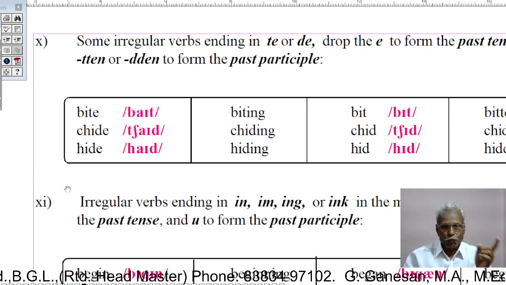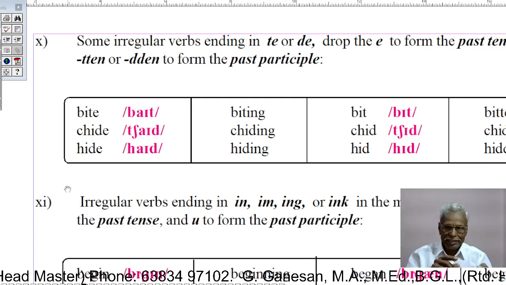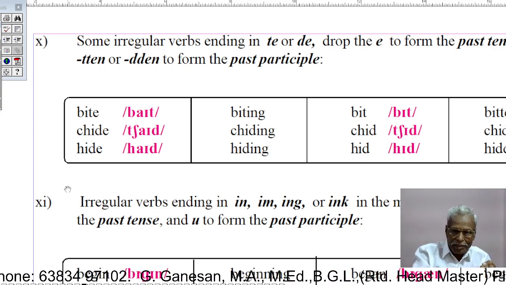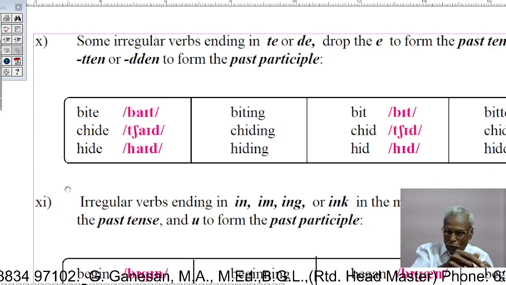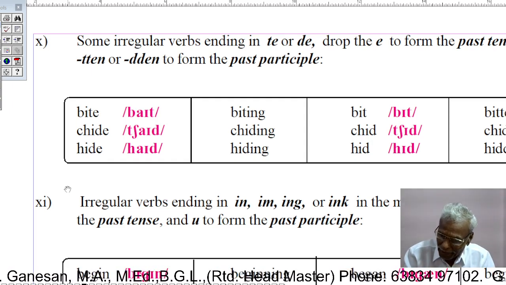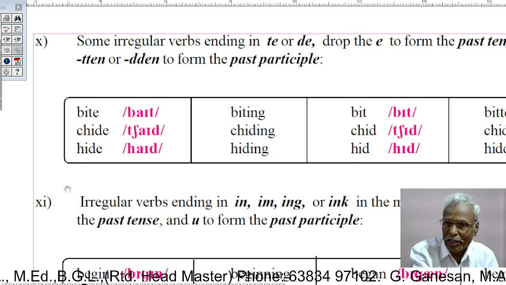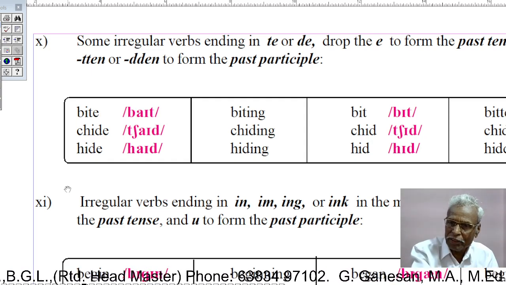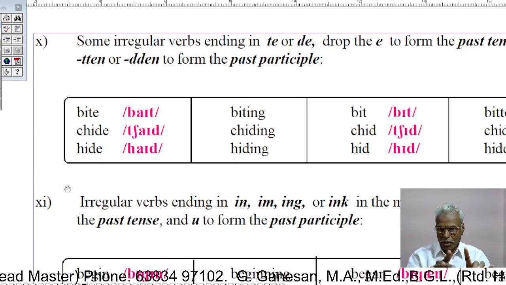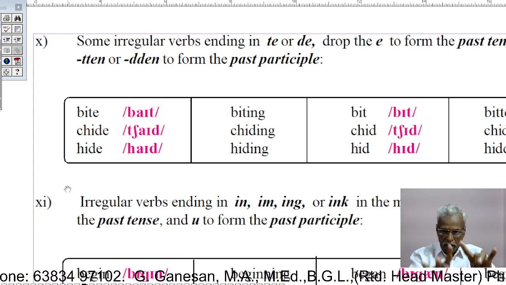Drop the E to form the past tense and take EN in addition to the last consonant. Bite, bit.